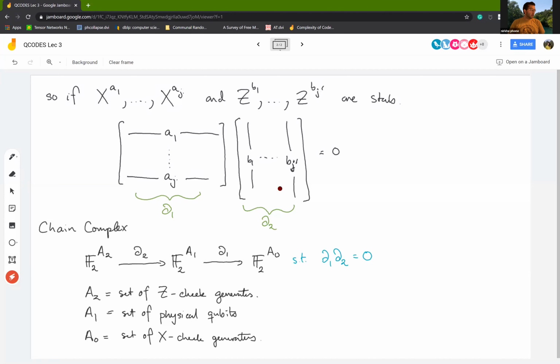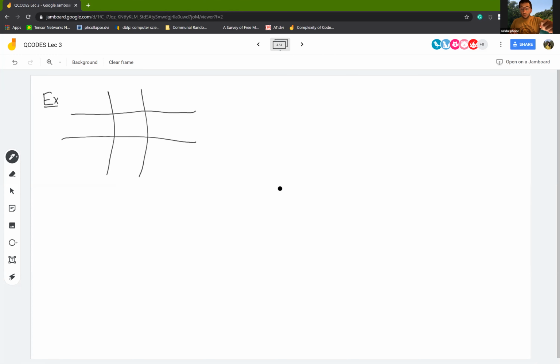At this point, it might be illustrative to look into an example. Recall the toric code. Let's look at a region of the toric code, which looks maybe something like this. This is somewhere within the torus.